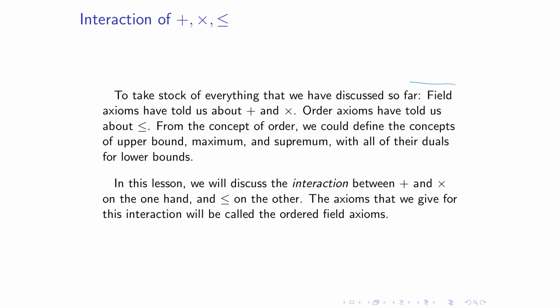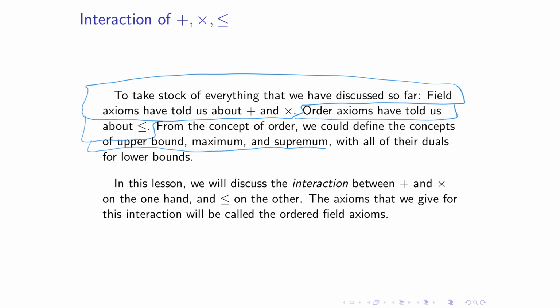So let's refresh what we have done so far. The field axioms told us about how plus and times work. The order axioms tell us about the less than or equal to symbol. From the concept of order, we could then use that to define concepts of bounds, maximum, supremum, and then all the corresponding things for the other end, the lower stuff.